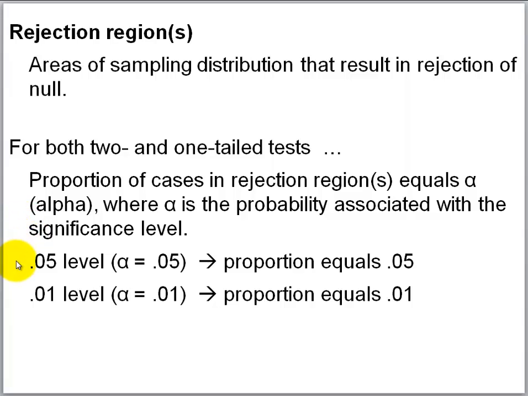For instance, if you select the 0.05 level, which is the same as setting alpha to 0.05, then the proportion of cases equals 0.05. If you select the 0.01 level, which is to say set alpha to 0.01, then the proportion of cases in the rejection region or regions equals 0.01.